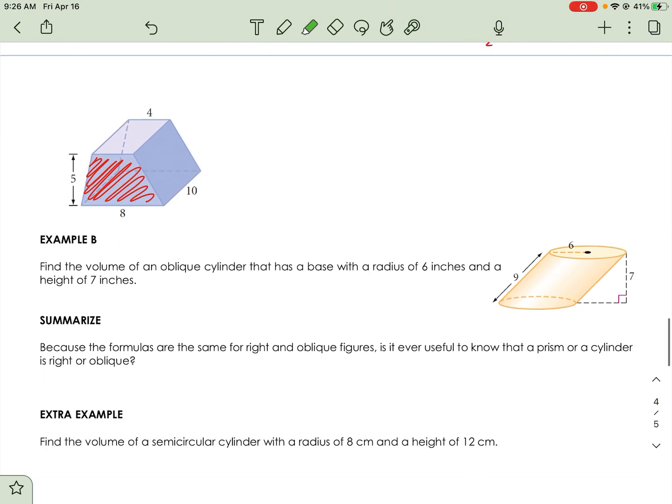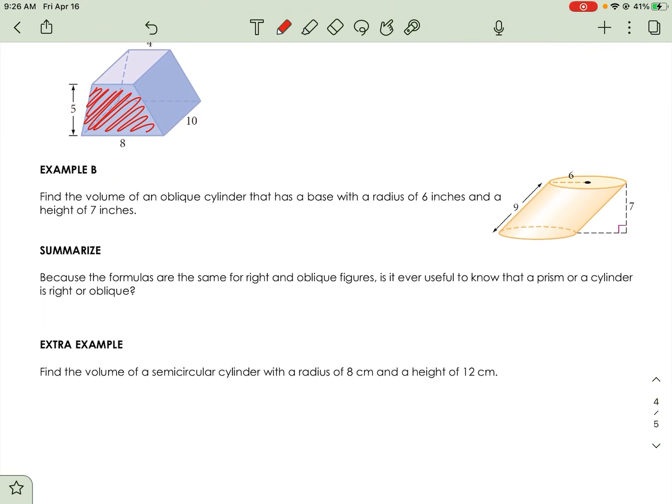Now, let's take a look at the next one. It says find the volume of an oblique cylinder that has a base with a radius of 6 inches and a height of 7 inches. Again, even though it's oblique, we still know it's the area of the base times the height of the cylinder. If we do work off to the side, we know that the area of the base is a circle, so pi r squared.